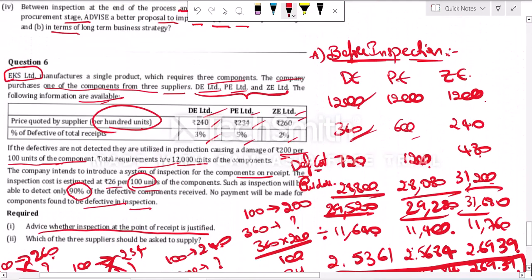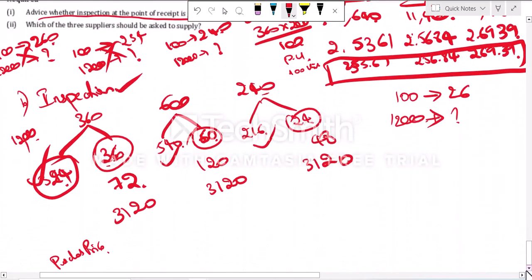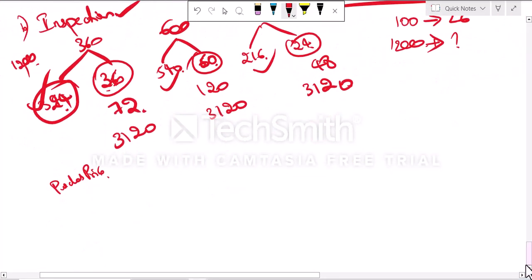240, 234 and 260. So 11,676 into 240 by 100 is 28,022.4. In the same way, out of 12,000, 540 are defective goods for which they need not pay the purchase amount. So 12,000 minus 540 is 11,460.